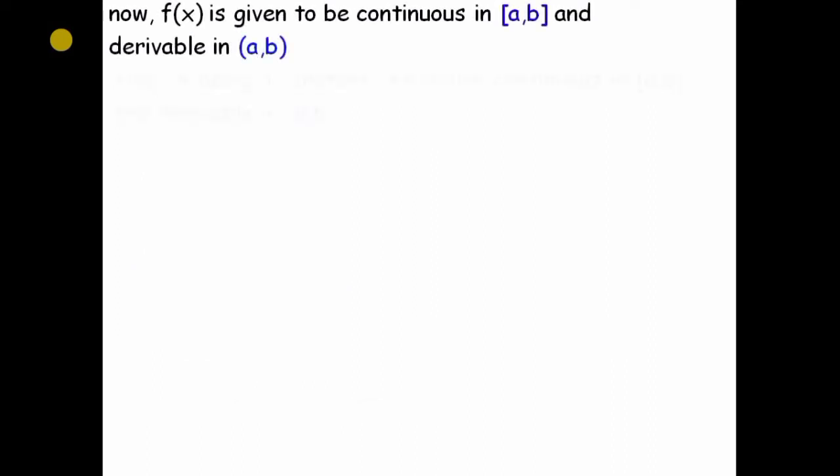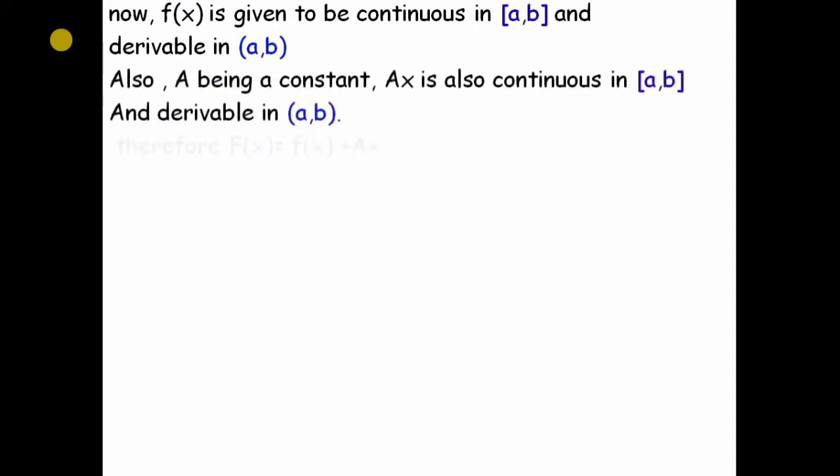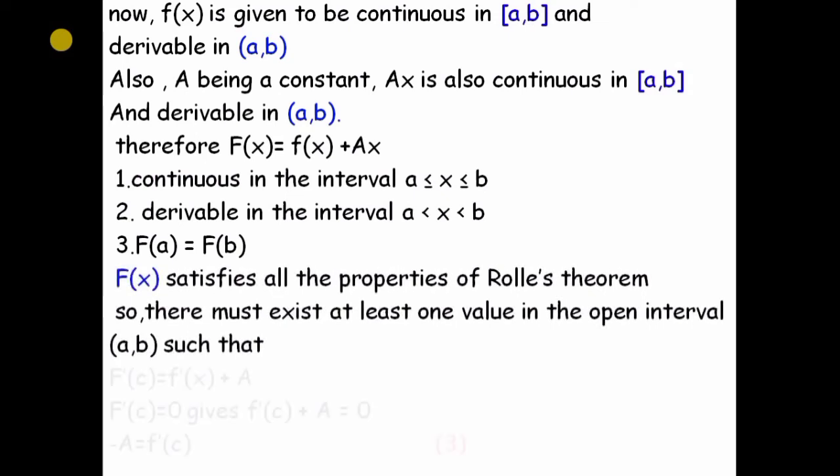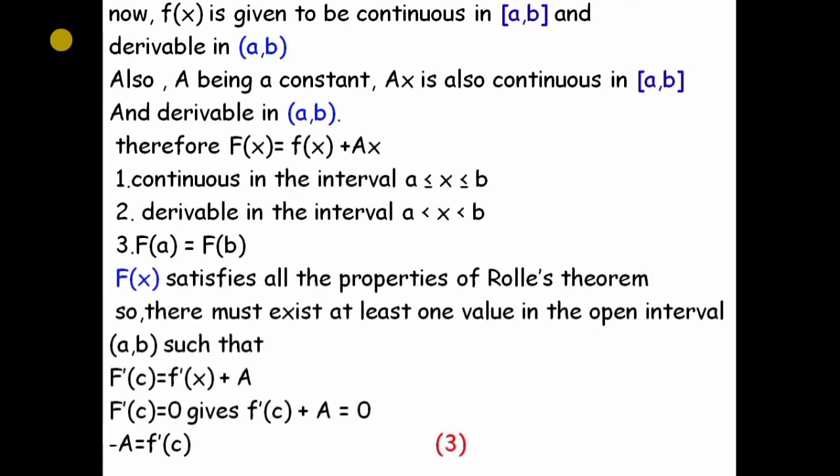Now f of x is given to be continuous in the interval a, b and differentiable in a, b. Also, A being a constant, A x is also continuous. Therefore phi of x equals f of x plus A x is continuous and differentiable, since f of x is continuous and differentiable, and A x is continuous because it is a polynomial function, and it is also differentiable.